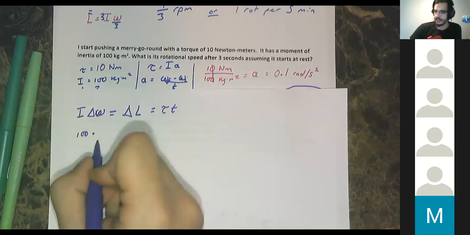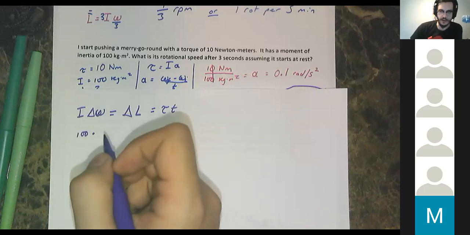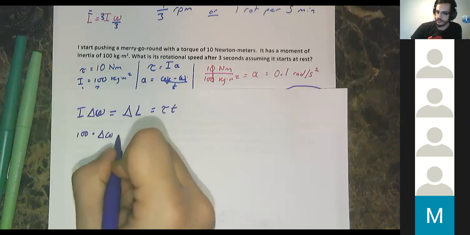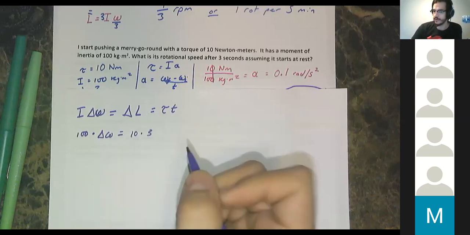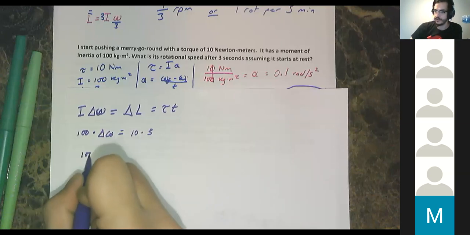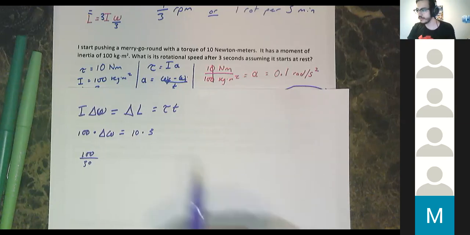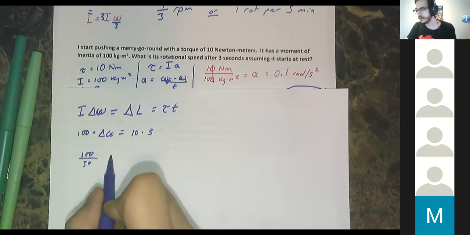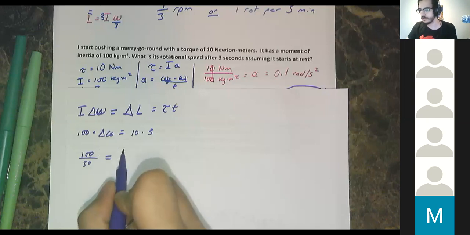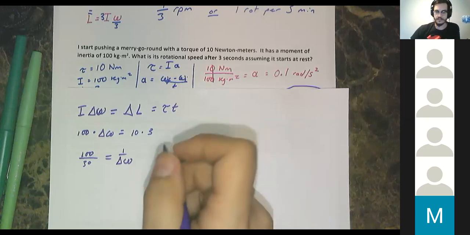Because then you're going to get 100 times our change in velocity, which we're starting at 0, so we're adding our change to 0, equals 10 times 3. So we'd have 100 divided by 30. And moving this to the other side would be 1 over the change in velocity.